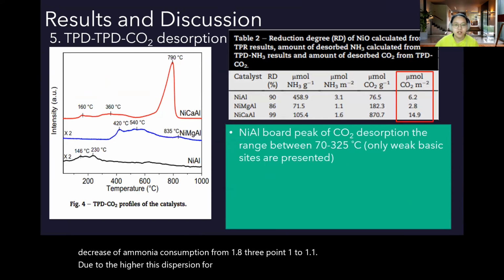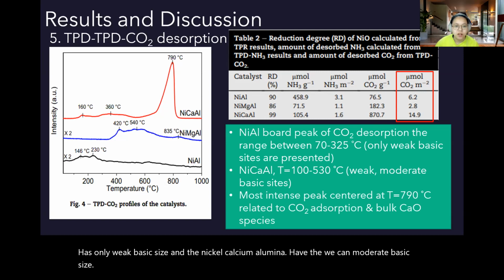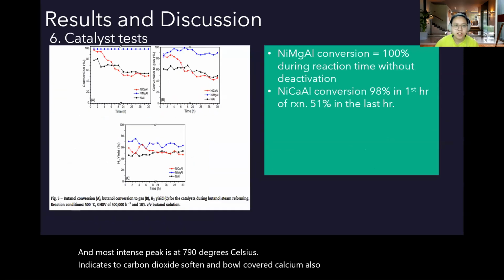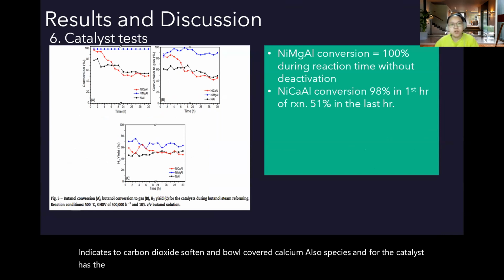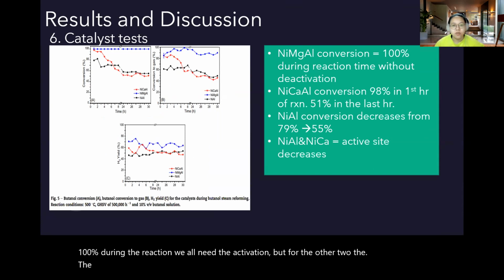For the carbon dioxide desorption, the nickel alumina has only weak basic sites, and the nickel calcium alumina has weak and moderate basic sites. And the most intense peak is at 790 degrees Celsius, indicating carbon dioxide adsorption and bulk calcium oxide species. And for the catalyst test, the nickel magnesium alumina conversion is 100% during the reaction without any deactivation. But for the other two, the activity decreased due to the coke formation.